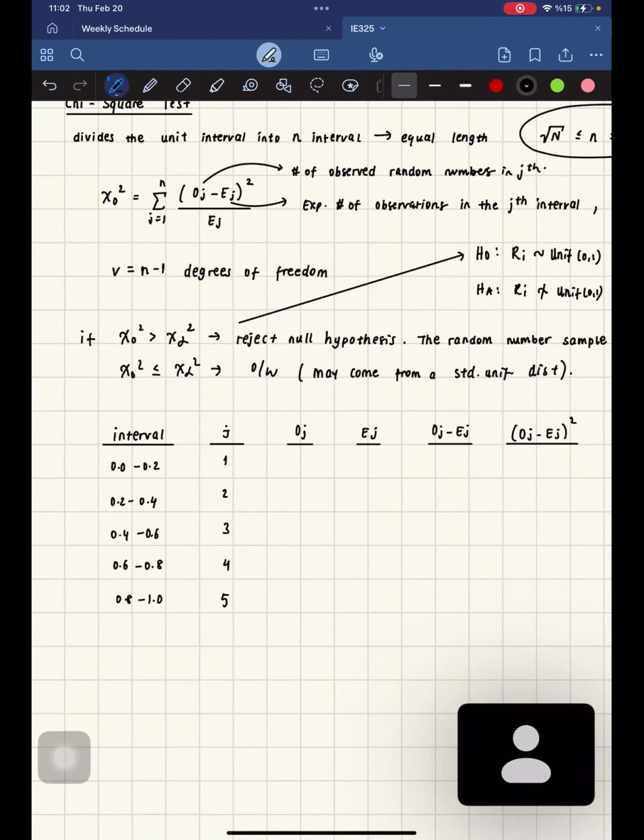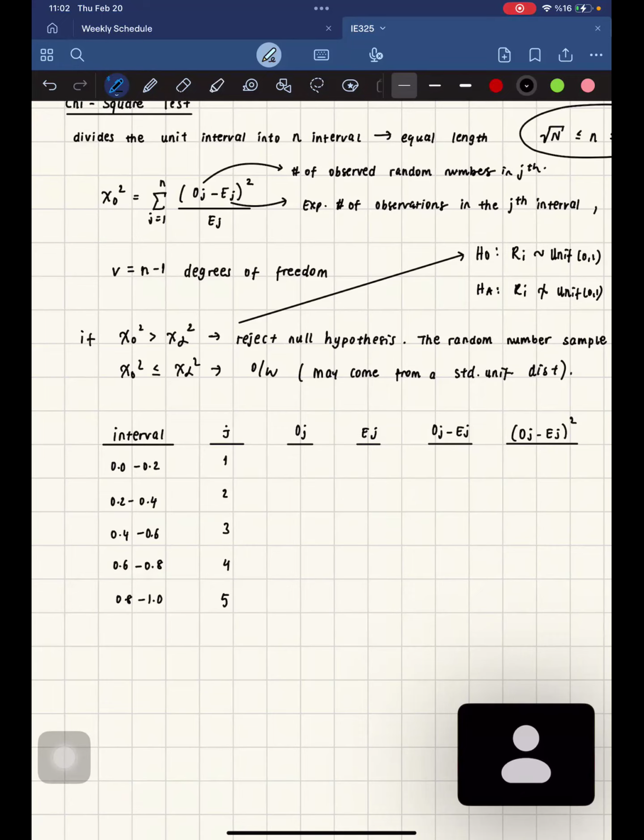So we have to look at the given data for question 7. If a number falls between 0 and 0.2, we count the numbers that fall into this interval and write it.